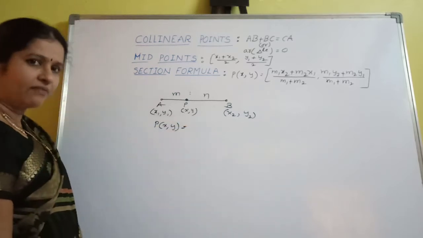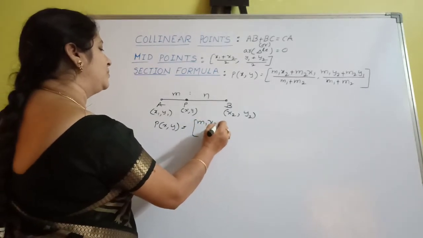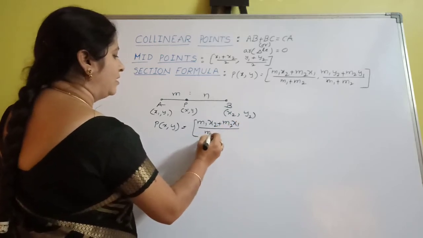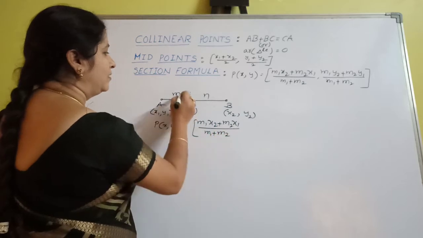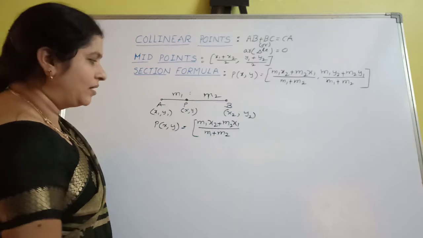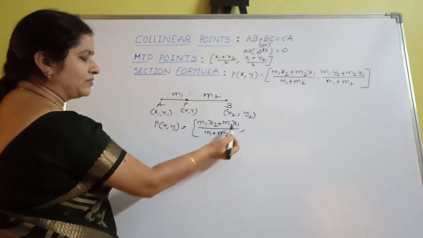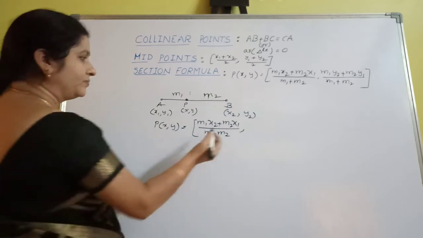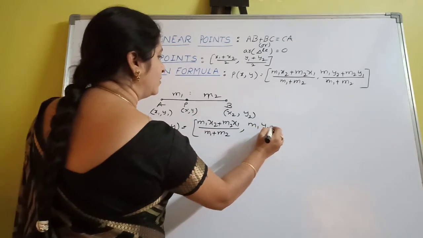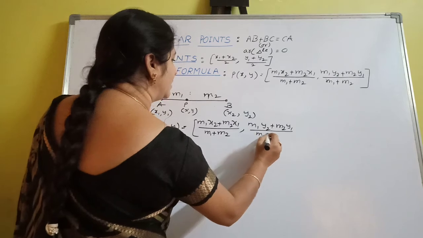The point (x, y) equal to, what is the formula here? (m1x2 + m2x1) by (m1 + m2). Here the ratio, not m:n, we are taking m1:m2. Second coordinate: (m1y2 + m2y1) by (m1 + m2).